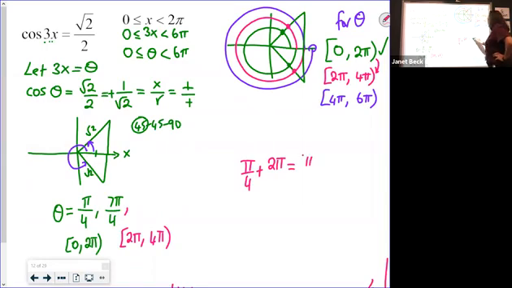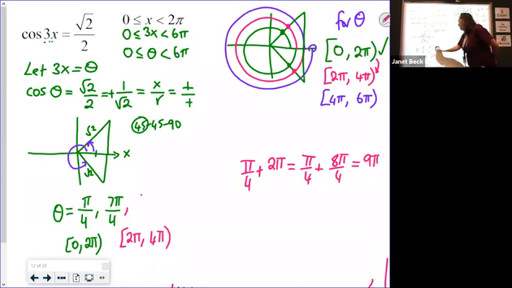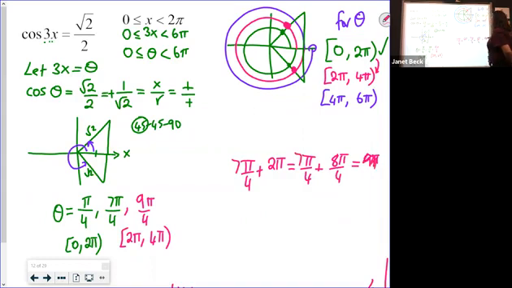Remember, when you're adding fractions, they need a common denominator, so 2 pi turns into 8 pi by 4. Pi over 4 plus 8 pi over 4 is 9 pi over 4. So my first solution, that's this angle here, is 9 pi over 4. And my second solution in this second trip around the circle is this one here. That would be 7 pi over 4 plus 2 pi. 7 pi over 4 plus 8 pi over 4 is 15 pi over 4.